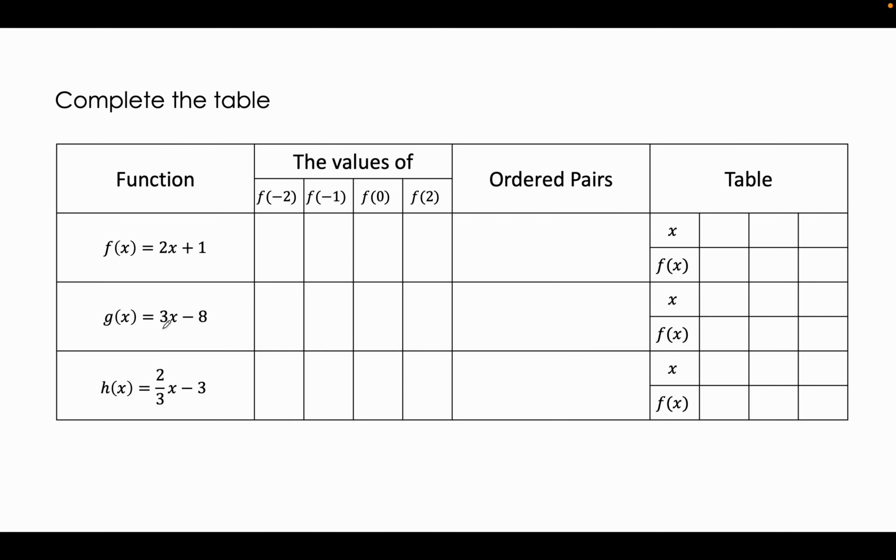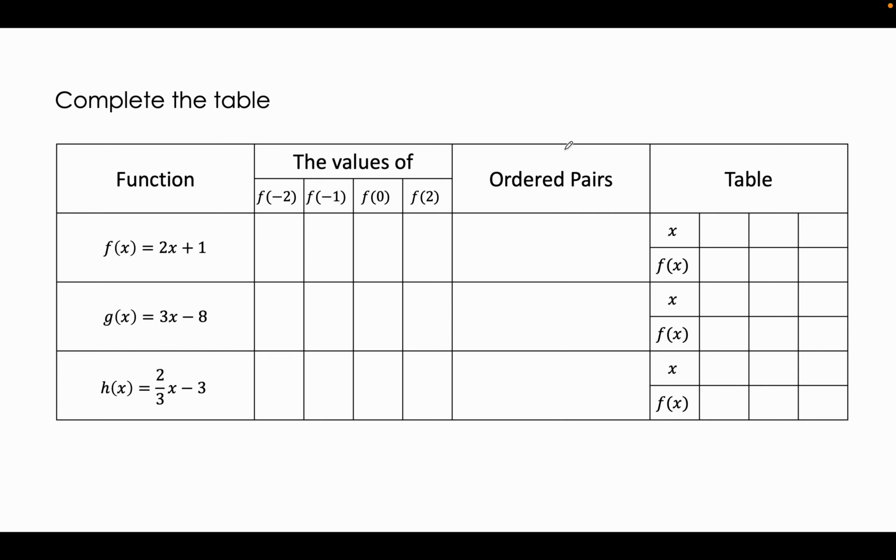This one. So, complete the table. As you can see, meron akong same na problem dyan sa worksheet nyo, right? So, in the first column, we have the function, and then sa next column, we have the values of f of x given x is negative 2, negative 1, 0, and 2.